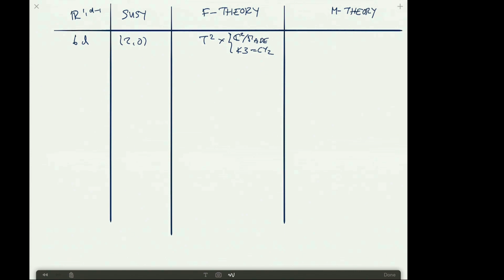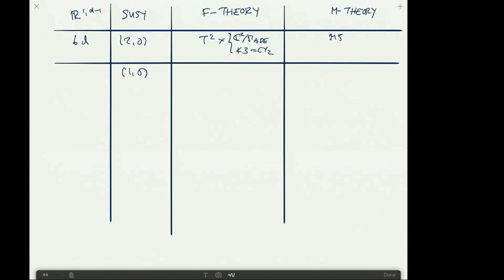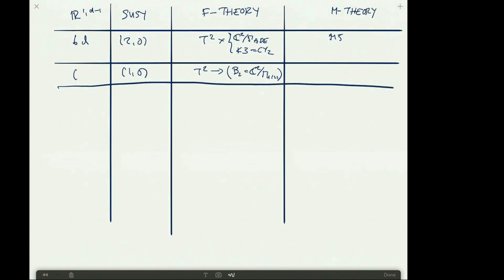We said in M theory we can get these from M5 branes. (1,0) is, as we also discussed, T^2 fibrations over base manifolds B_2 that are orbifolds C^2 mod Gamma_U(2). Now in 5 dimensions, we can have N=1 supersymmetry coming from Calabi-Yau threefolds.